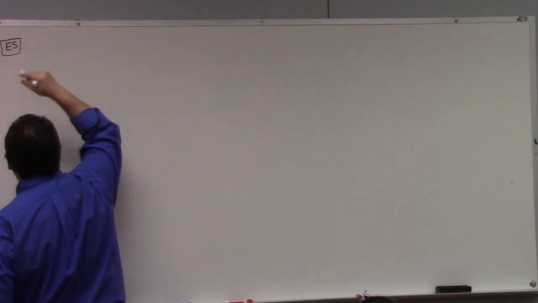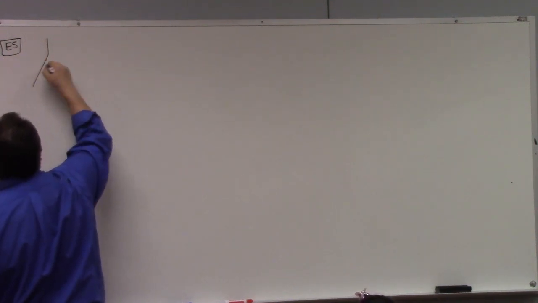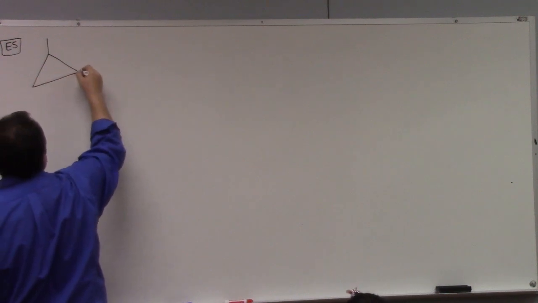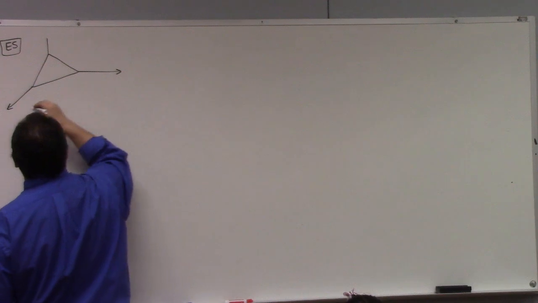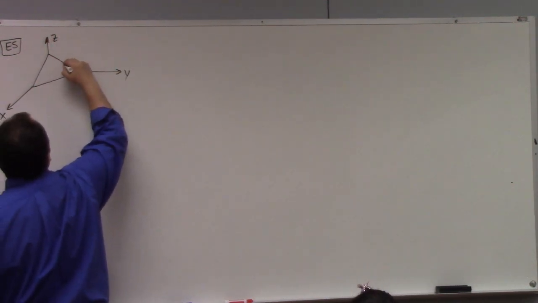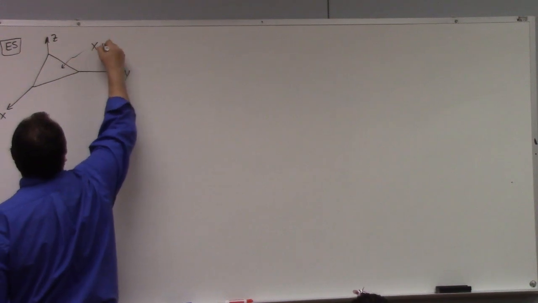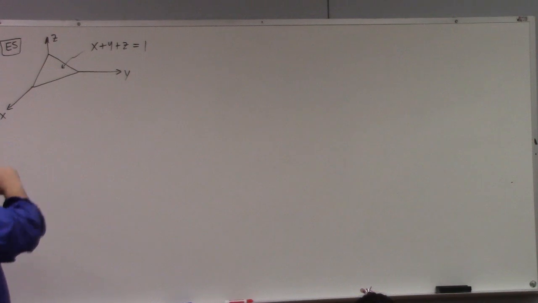For a triple integral, you can think about it. So I'll just do this one. Here is x, here's y, here's z. This will just be x plus y plus z equals 1.